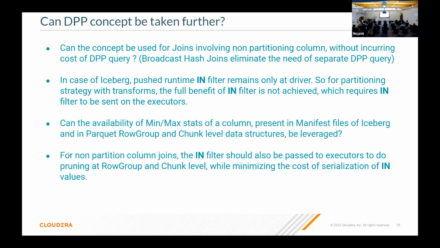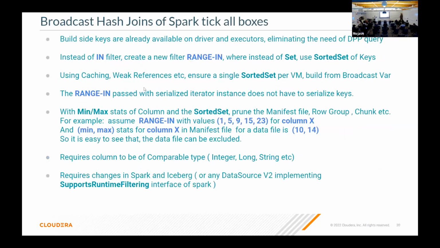Given this, the broadcast hash join of Spark actually satisfies all the criteria. Given that the broadcast variable is broadcasted to the driver and executors before the query actually executes, the serialization cost of the values in the IN filter is gone.